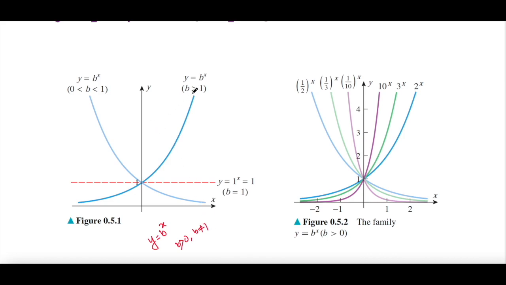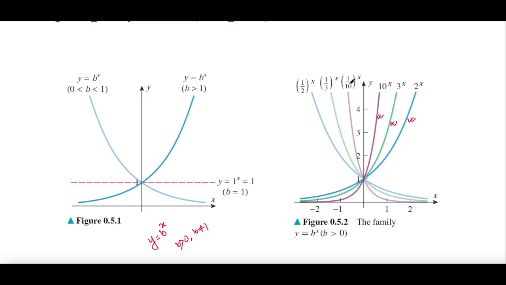So what happens when b is positive? If your b is 2, then we already discussed this graph. When b equals 3, the graph will be steeper in the first quadrant, and when b equals, for example, 10, it will be steeper still in the first quadrant.